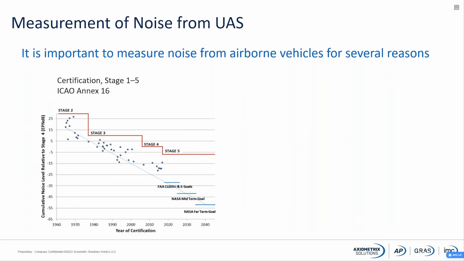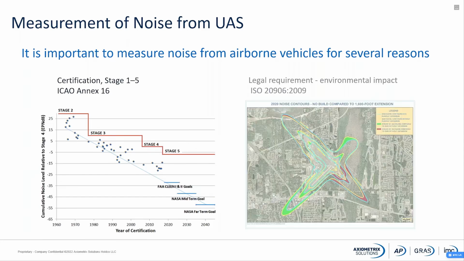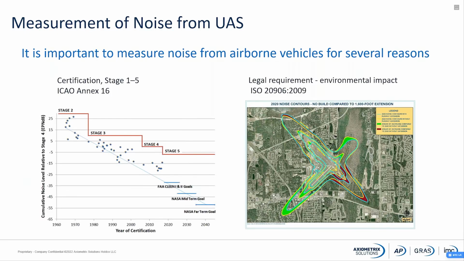In order to do these kinds of certifications, we need accurate measurements of the noise coming from different types of aircraft. There is also another topic, and that is legal requirements for airports.